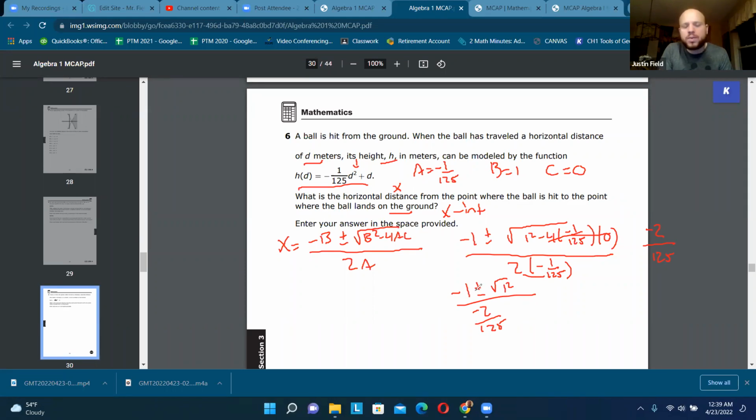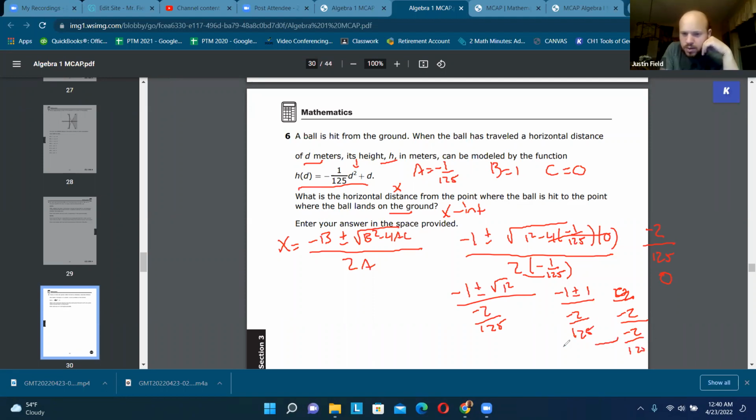And the square root of 1 squared is just 1. So negative 1 plus or minus 1, over negative 2 over 125. Negative 1 plus 1 is 0, so one of our x-intercepts is 0. But negative 1 minus 1 is negative 2, over negative 2 over 125.